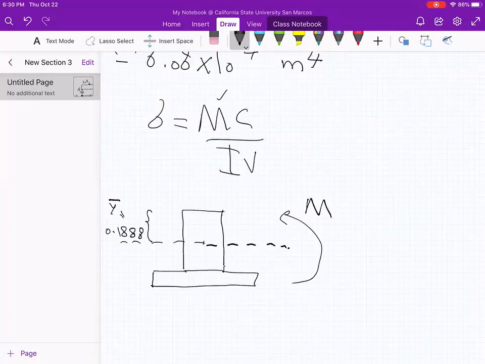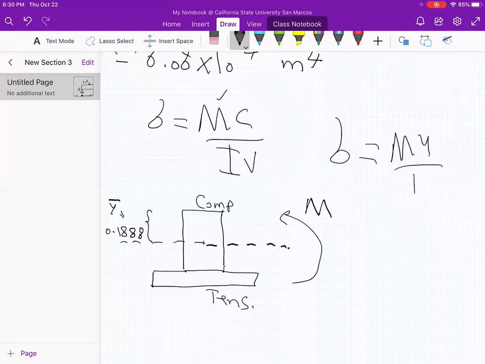This is compression at the top, tension at the bottom. Let's start. If the formula is sigma equals My over I, the y, or c, of the compression would be this one, right? The c of the compression would be 0.1880, right?